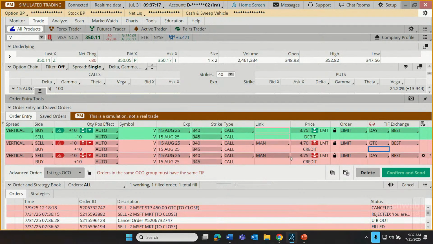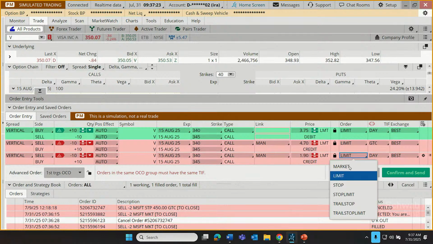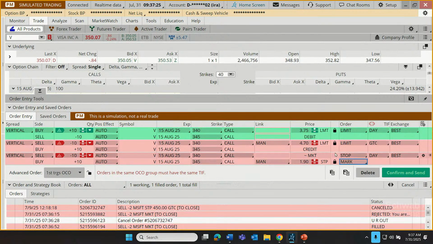The other one is to exit if we drop down to 190. That's going to be our stop the bleeding. That's our stop order, right? And we're going to make that good till canceled. So this now becomes a plan to manage profits if they happen, losses if they occur.